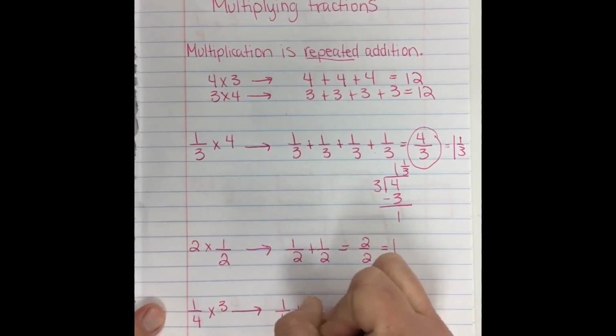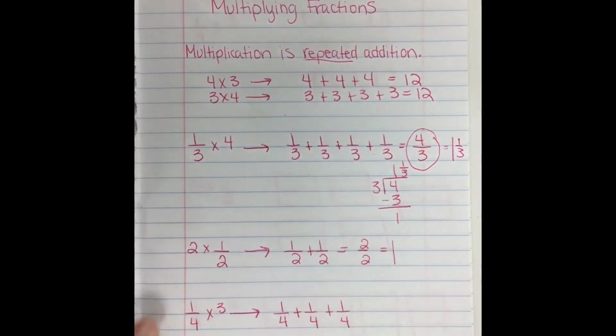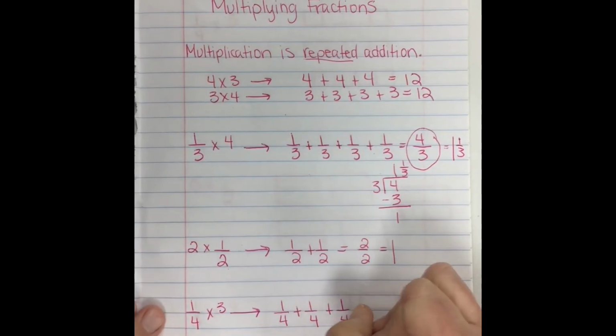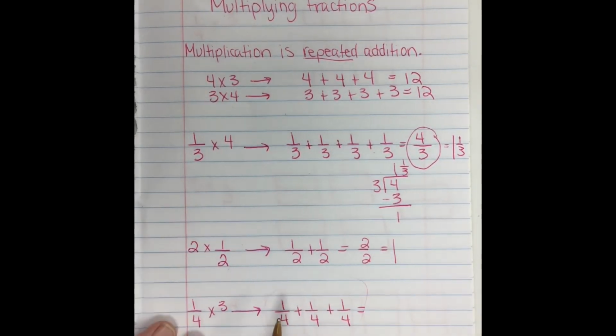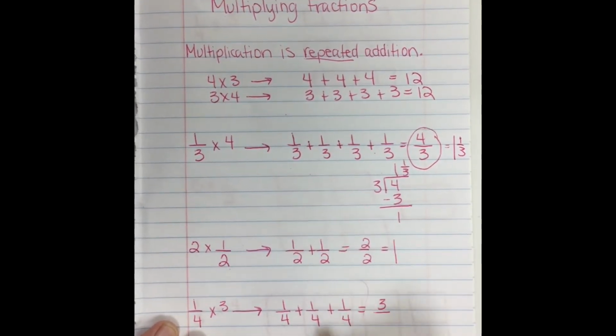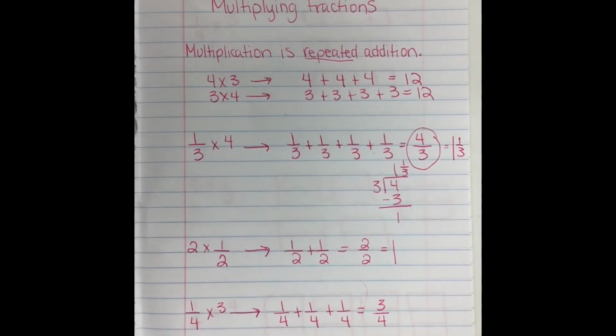One-fourth plus 1/4 plus 1/4, right? 1/4 written 3 times, okay? So what would you get as your answer if you were to add all of this up? Okay, 1, 2, 3. You add up the numerators. 4 is the same. 3/4. That's it. That's all there is to multiplying fractions.